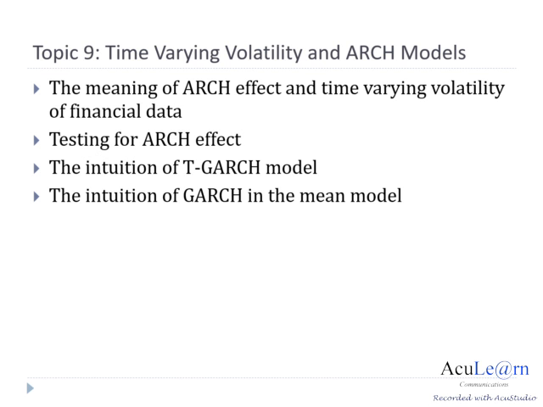You can run ET hat squared against the constant and also ET minus 1 hat squared, the square term of the past error term, and see whether the coefficient of the past squared error term is significant or not. So it's also in the slides.